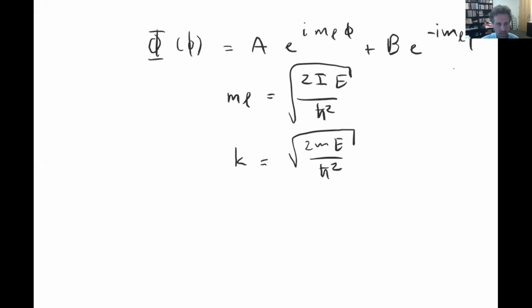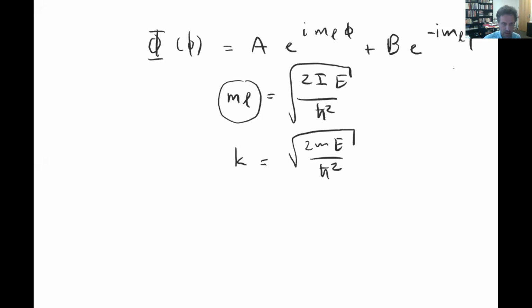That means that this m_l you probably also want to solve by finding the boundary conditions. So the question is, can we define the boundary conditions and then solve for this m_l? If we know what m_l is going to be, I know two things, namely the actual shape of the wave function, because now m_l is going to be defined, and secondly, I also know the energy, because the energy depends on m_l, right?